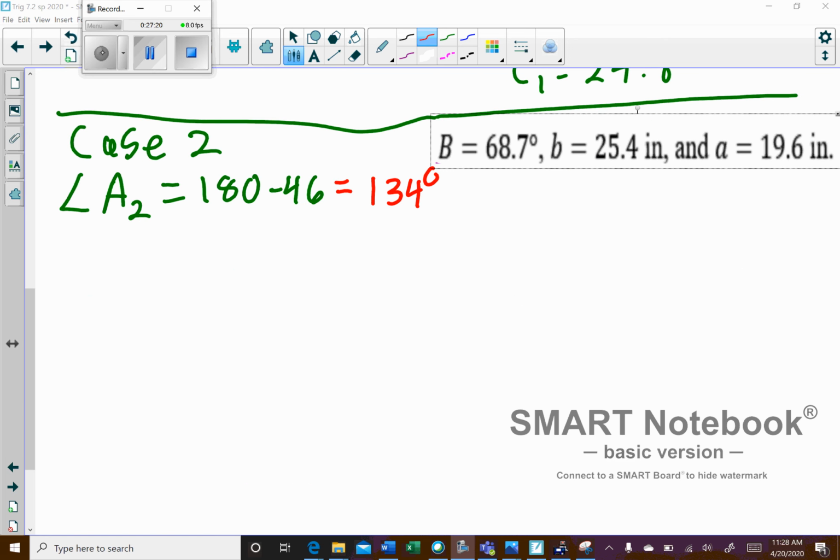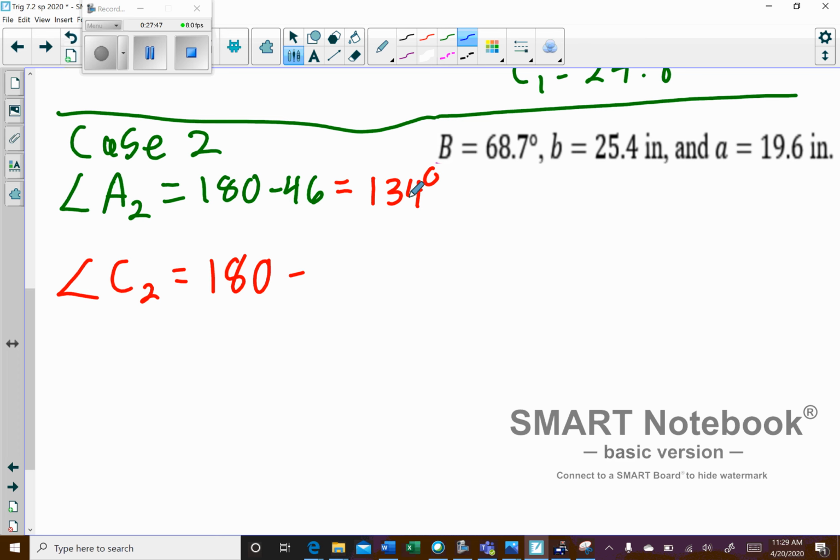Okay, so I went and copy and pasted the initial conditions. So this is our initial parameters that were given to us. And so we're looking at the possibility that maybe our angle is actually obtuse. We know angle B and side A, so now we have to look at angle C in our second case. That would be equal to 180 minus the given angles that we know.